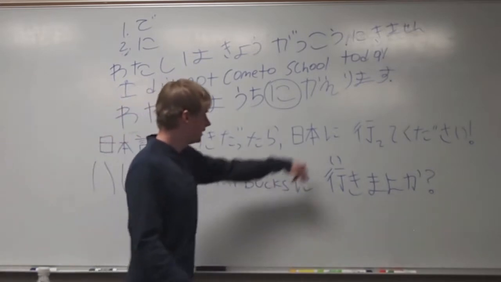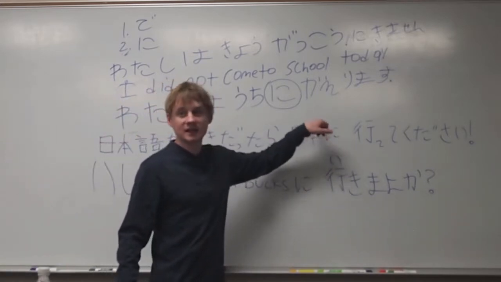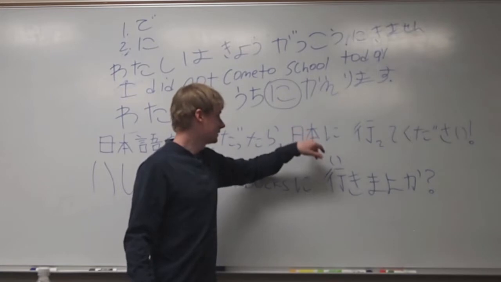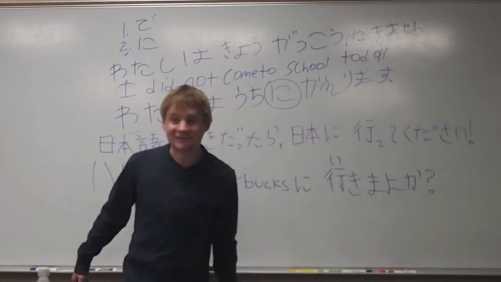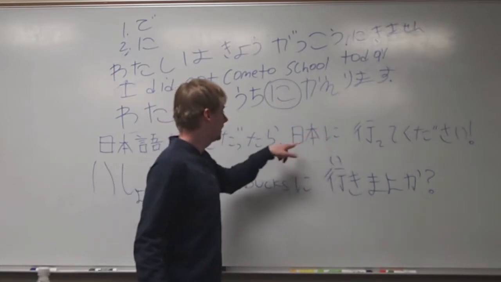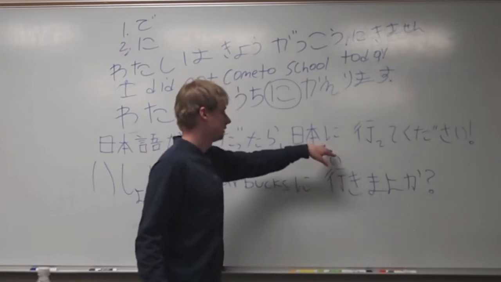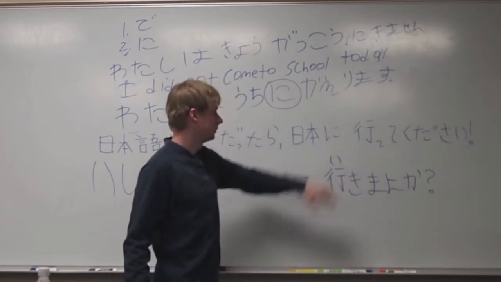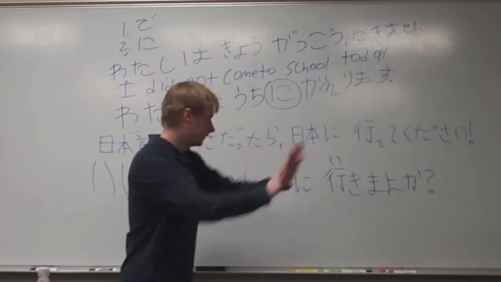But notice here, all we really need to focus on is the ni part of the sentence because that's all we're going over. But you have 日本に行ってください. Please go to Japan. Ni moving forward. Wow.